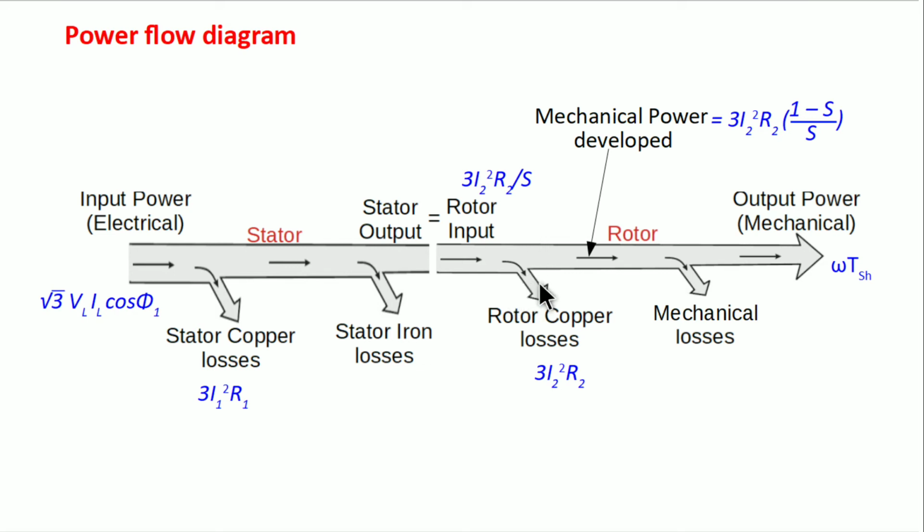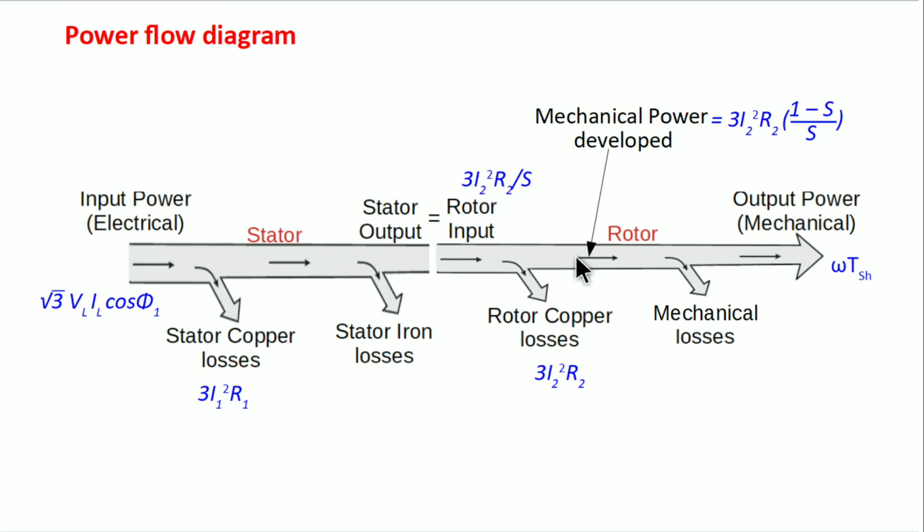Now there are rotor copper losses, which are subtracted from the rotor input. The rest of the power is called mechanical power developed, or the electrical power converted into mechanical power.